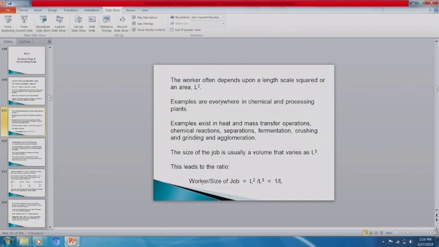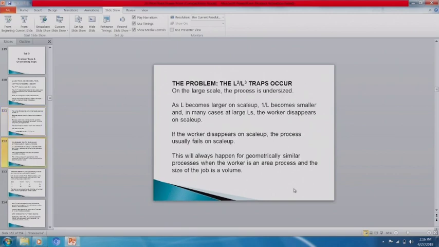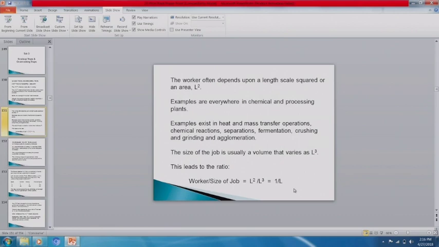So this leads to the worker being area, L squared, over the size of the job, which is L cubed, leaving you 1 over L. And I should point out that when L gets large, the worker simply disappears. That's the important issue on scale-up: your worker disappears.